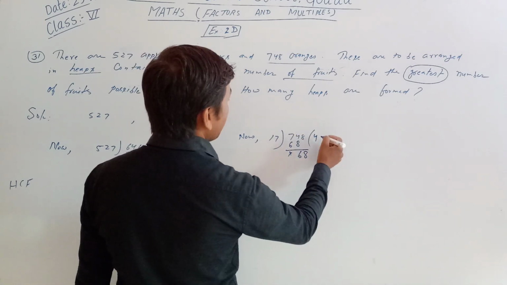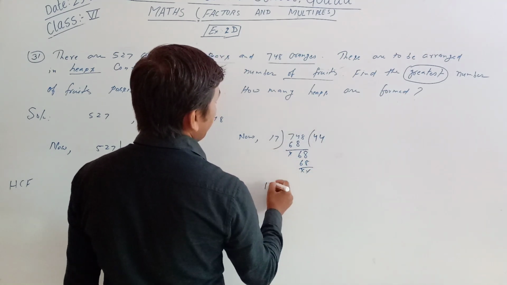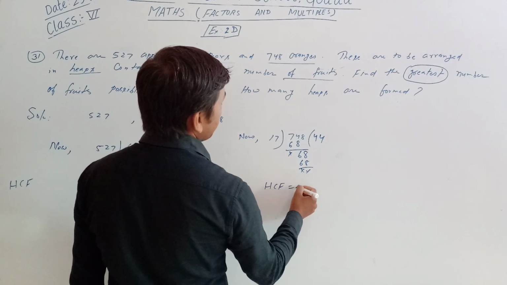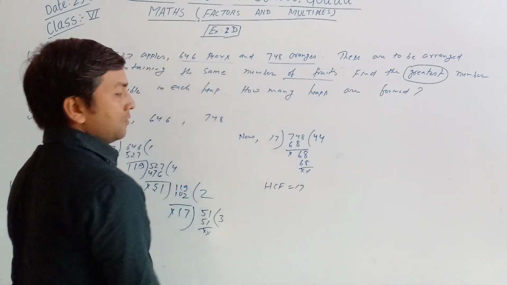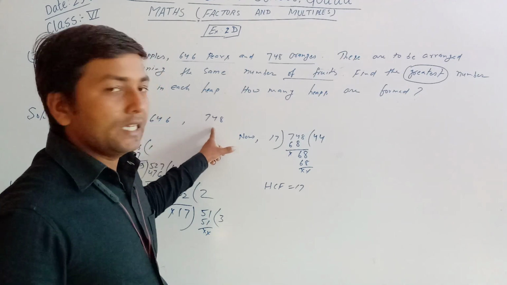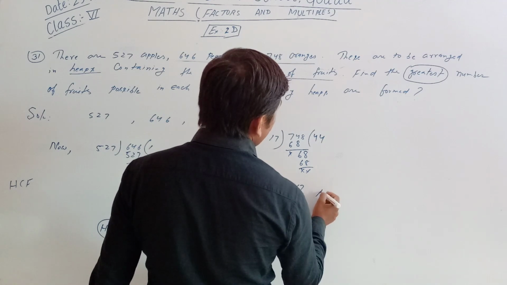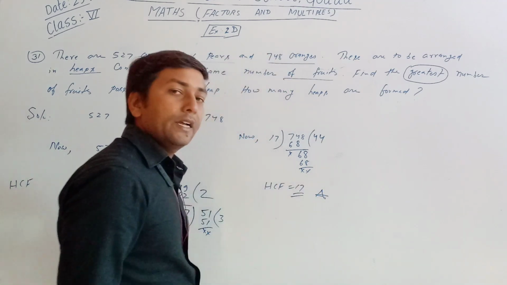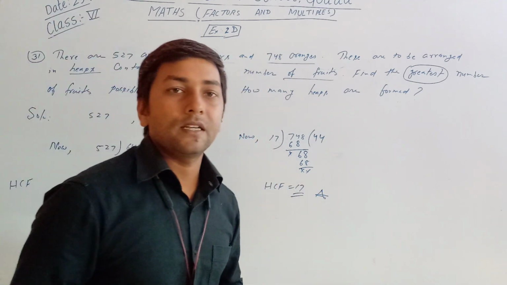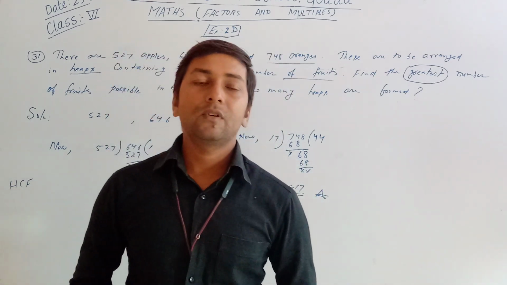It is 4 times 68. It means the HCF we get is 17, because with 17 it cuts properly. So the answer will be this number. 17 will be the answer. This type you will solve all the given questions.